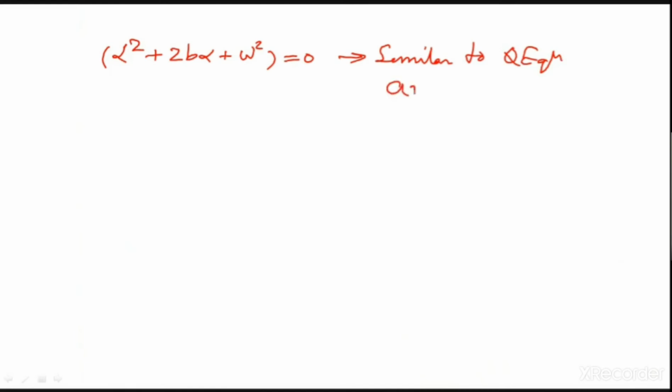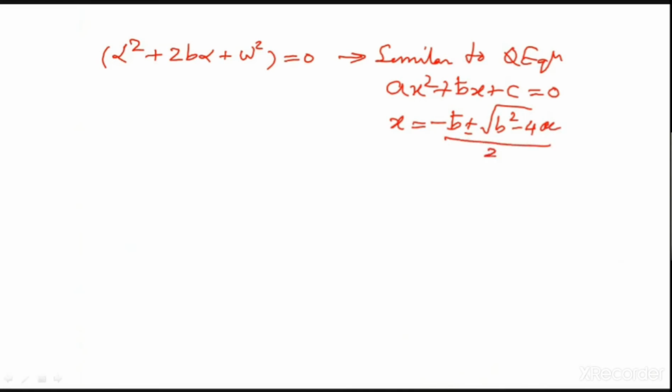It is ax² plus bx plus c is equal to 0, with the roots x is equal to minus b plus or minus root of b² minus 4ac, all over 2a. Isn't it?